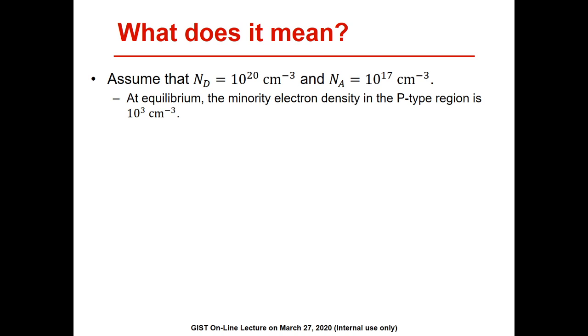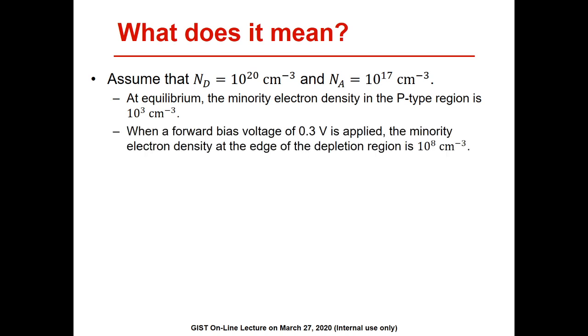What does it mean? Consider our typical example of ND equal to 10 to the 20 per cubic centimeter and NA equal to 10 to the 17 per cubic centimeter. Then the minority electron density in the p-type region is 10 to the 3 per cubic centimeter, of course.